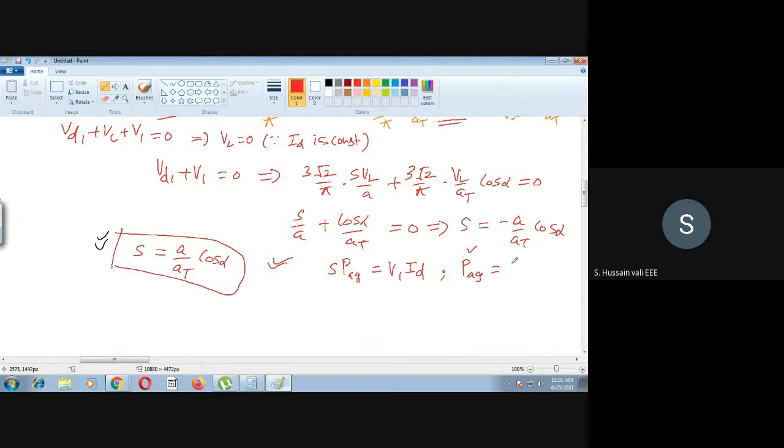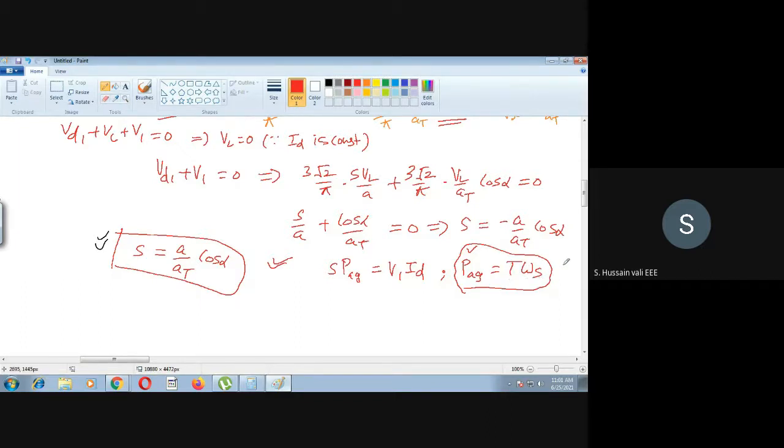Air gap power is T into omega S. What is the relationship between torque and gross mechanical power? Gross mechanical power is equal to T into omega R, whereas air gap power is equal to torque into omega S, not omega R.